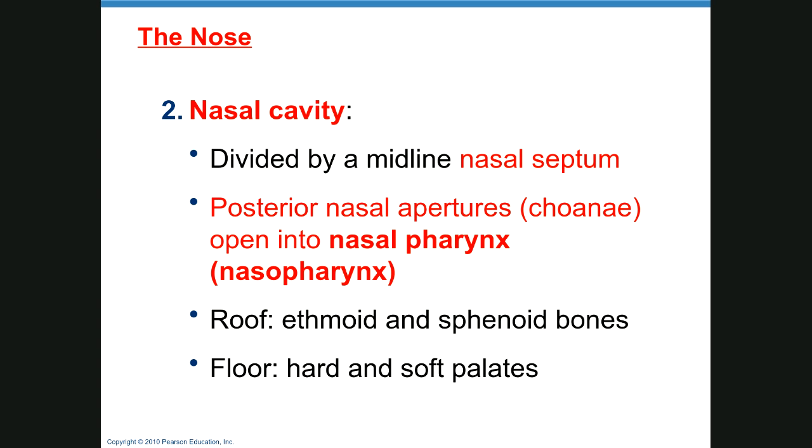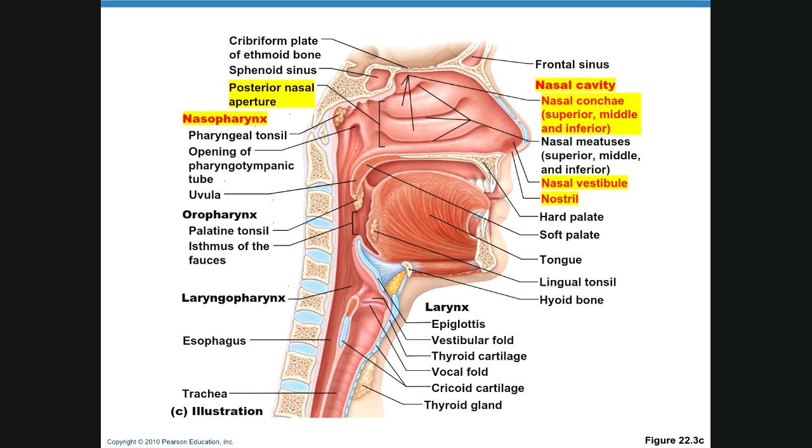Again, do know the parts of the pharynx. So here you have the nasal cavity, you can see the conchae, and the purpose of these ridges is to slow down the air so as to have time to warm it, humidify it, and filter it. From there, air travels into the nasopharynx, oropharynx, laryngopharynx, and from there into the larynx.